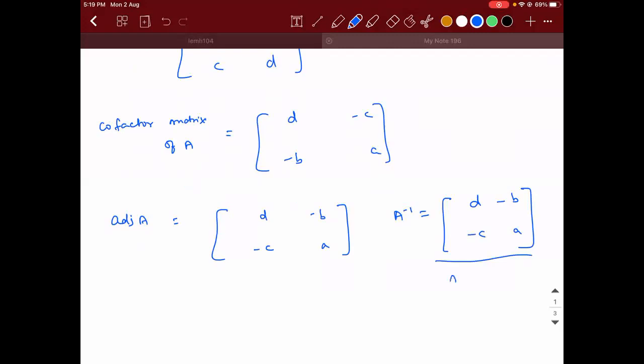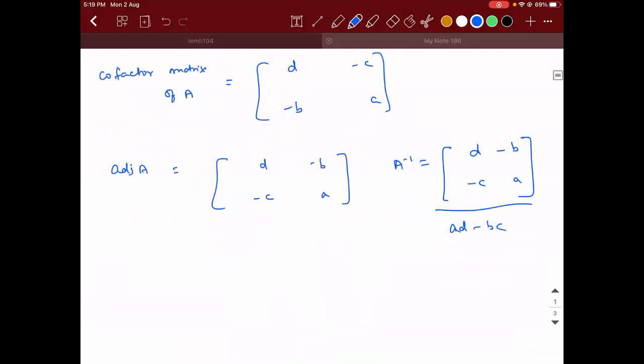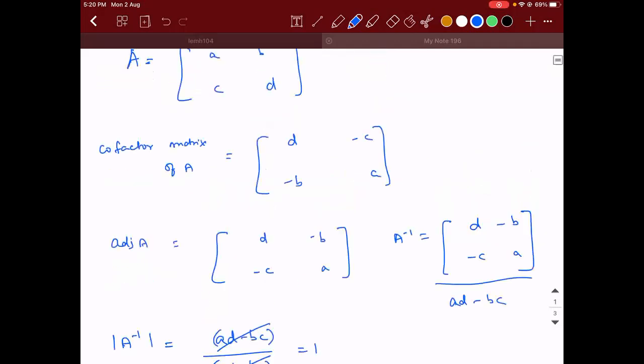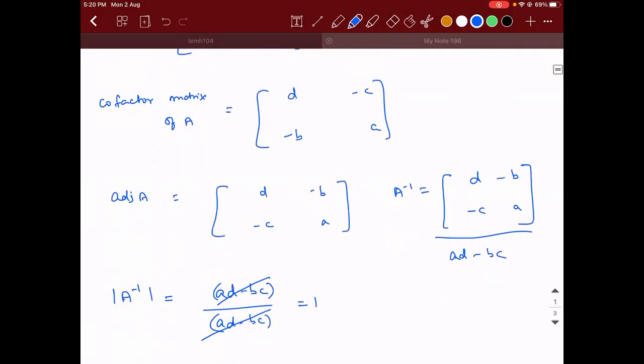A inverse, the whole divided by ad minus bc. Correct, sir? So what will be the determinant of A inverse? That is also ad minus bc only, and the denominator is ad minus bc. Cancelled, no? It's coming out as 1. So determinant of A inverse will be 1, right?